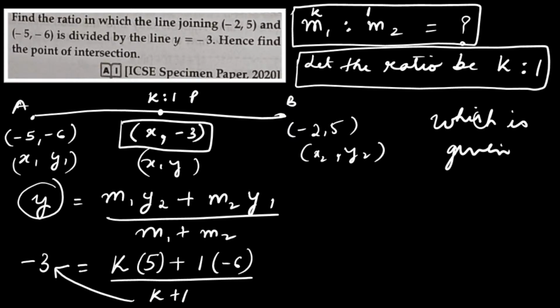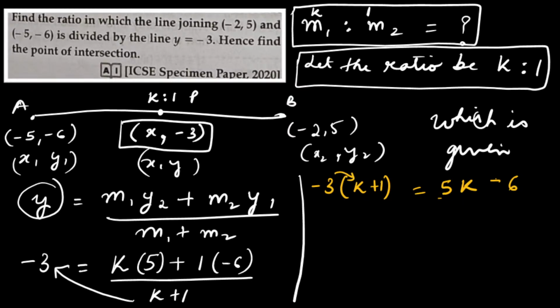Now here we will do cross multiplication. First of all, k plus 1 is dividing here, so when we shift it to the other side it gets multiplied with -3. So -3 into (k plus 1) equals 5k minus 6.